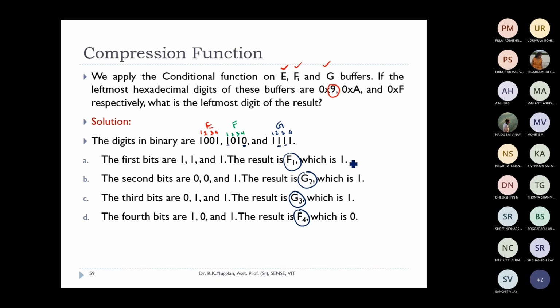Now, can you guess how they got this value? That is, why they took this F1, why they took this G2, G3, and F4. Any guess? I'll give you a minute to analyze this one.